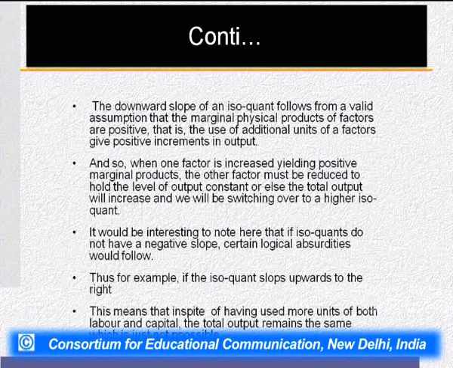When you draw an isoquant curve in an upward direction, the output at different combinations may differ, which is not justifiable. This means that in spite of having used more units of both labor and capital, the total output remains the same, which is just not possible if the curve is upward sloping and not convex.